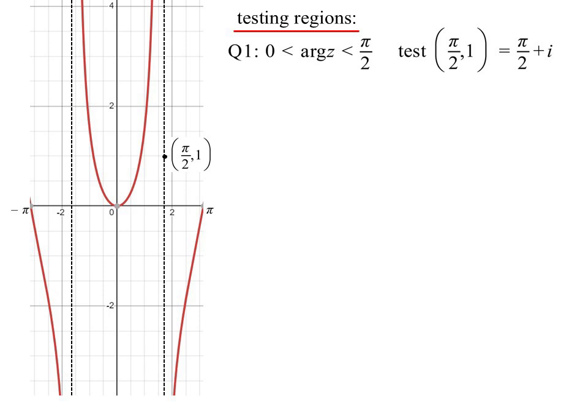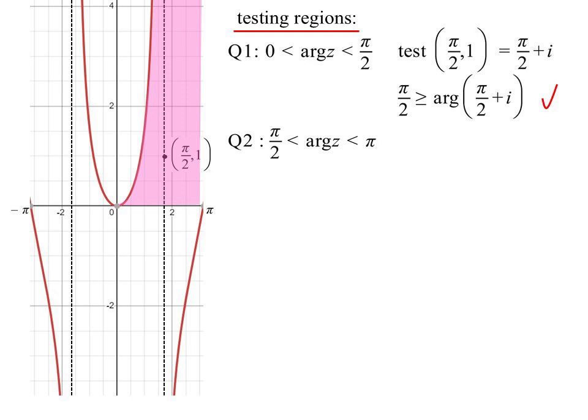I need to pick a point that I know the coordinates of, and that's why I've picked one there, because I know the x value there is pi on 2. So pi on 2, 1. If I was to test that, pi on 2 is greater than the argument of pi on 2 plus i. Remember, that was the region. That is certainly true. I know I'm in that section there.